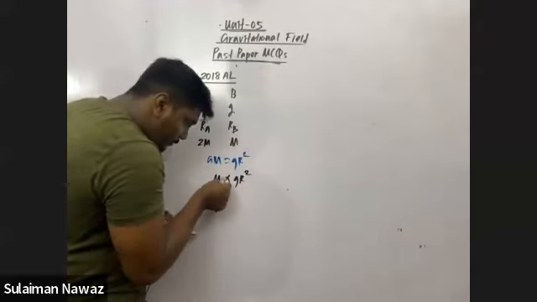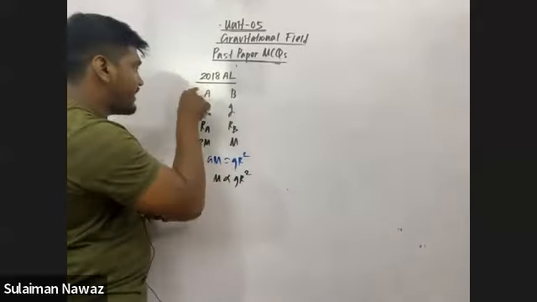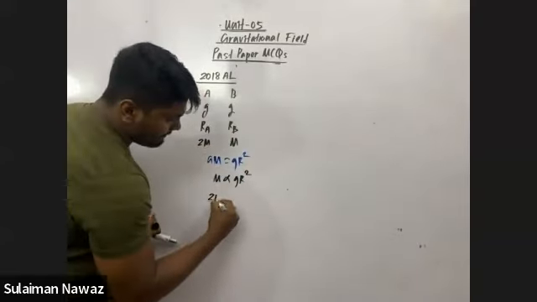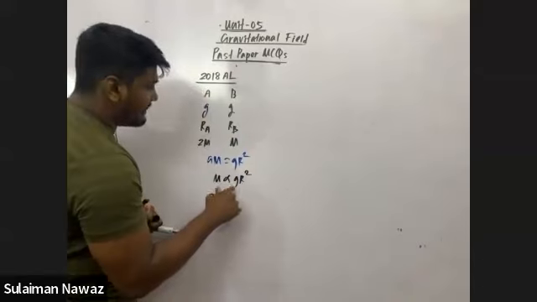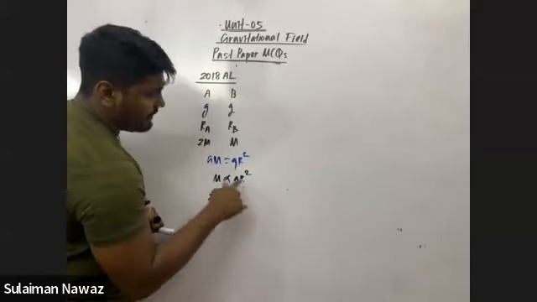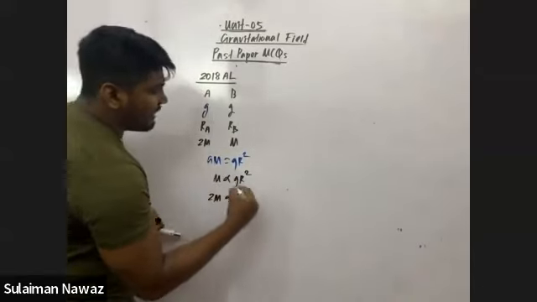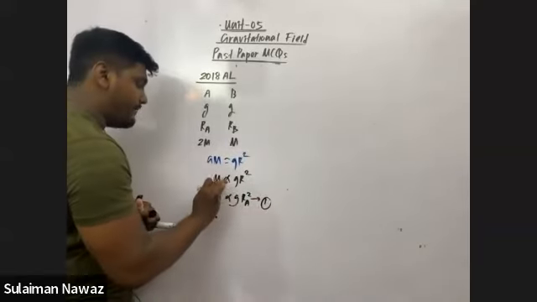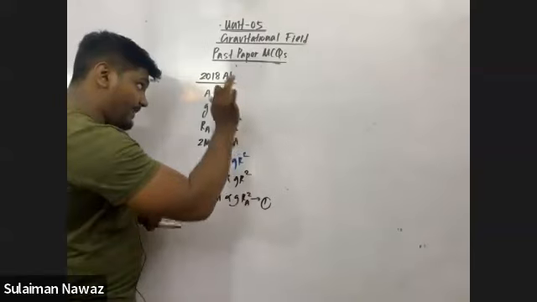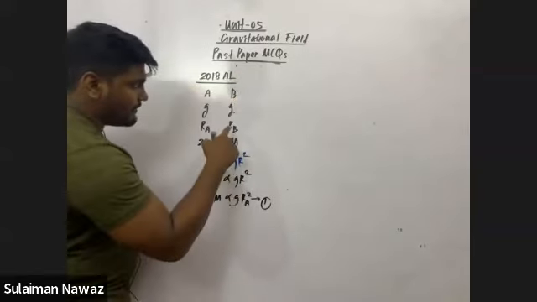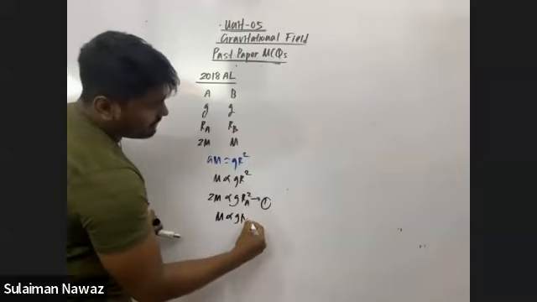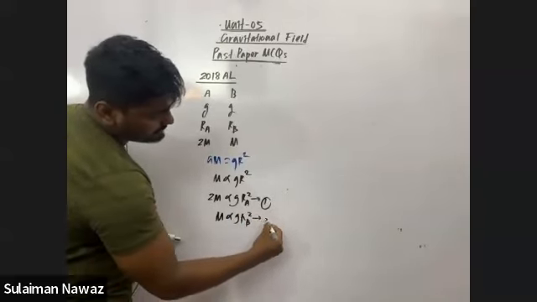If I apply this proportionality for planet A, what is the mass of planet A? It's 2M. The gravitational acceleration is simply g. The radius of planet A is RA, so RA squared. When you apply the same proportionality for planet B, the mass of planet B is M, which is proportional to g RB squared.